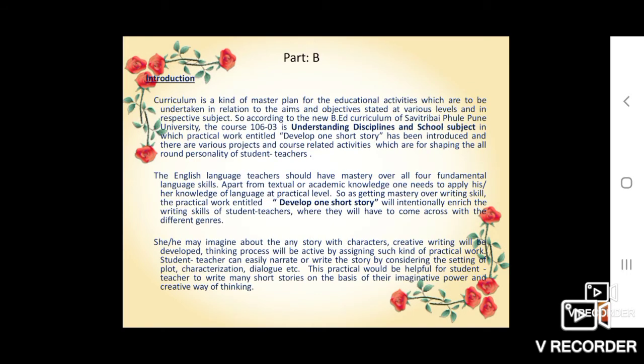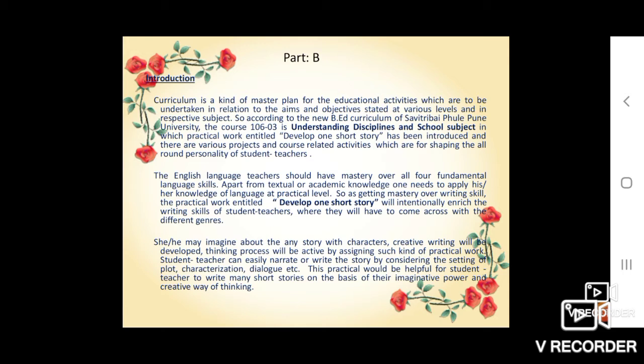And here is a very important part, part B, where the actual writing starts. Before writing any practical, you need to introduce the aim and objective of writing it. Everyone knows about the curriculum.